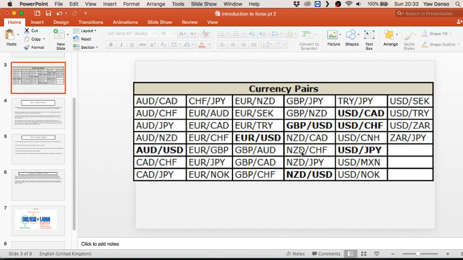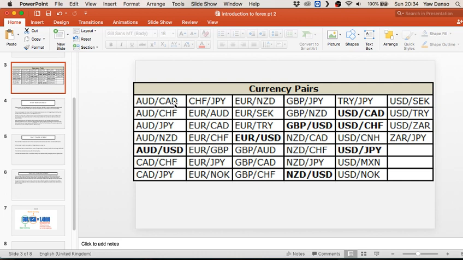I've put on here some of them, not all of them, but some of them, so you can check. The third one, which is CAD AUD, is supposed to be AUD CAD. It's very important that you get them right, because if you don't, you're going to trade them wrong.